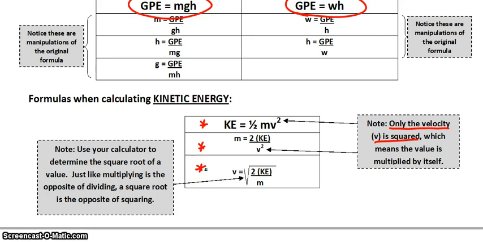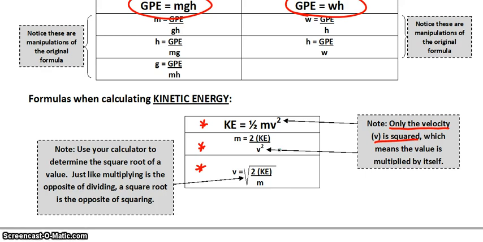So let's look at the second one. The second one is mass equals 2 times the kinetic energy divided by the velocity squared. Note the squared again. Are we squaring all of the numbers? No, we are only squaring the value of the velocity. All right, let's look at the last one. V equals the square root of 2KE divided by m.